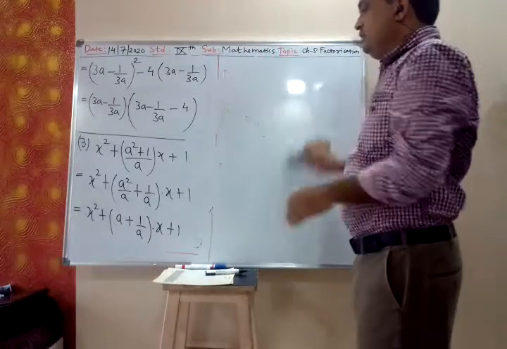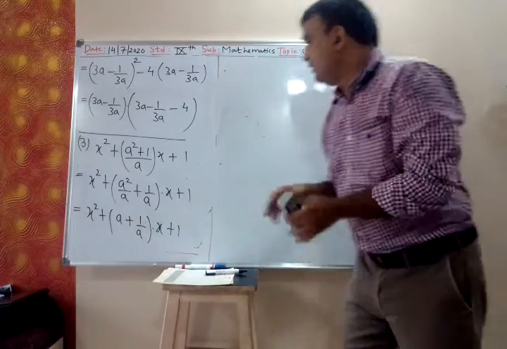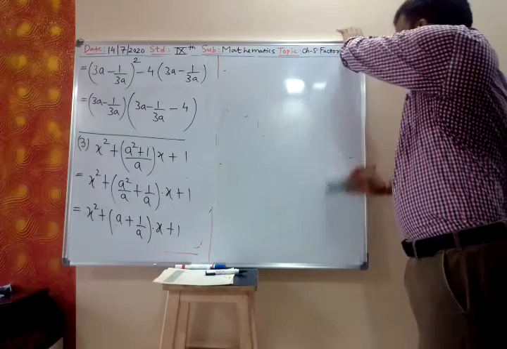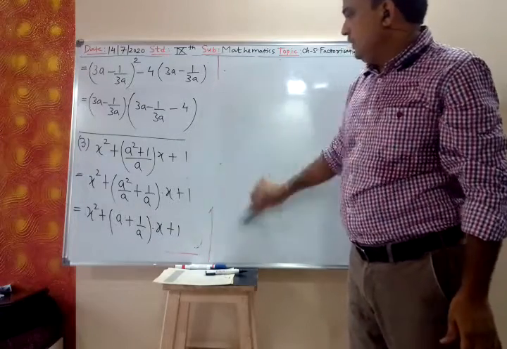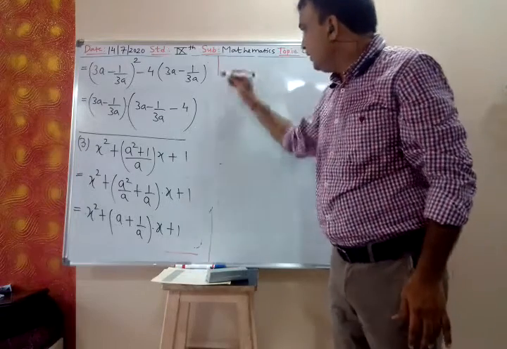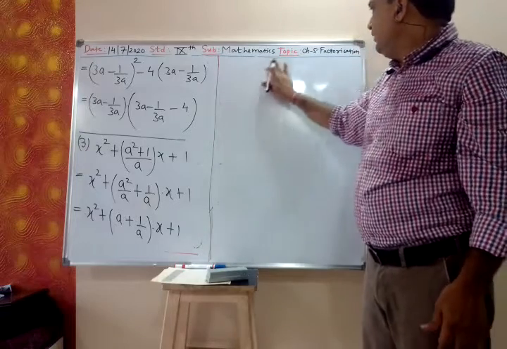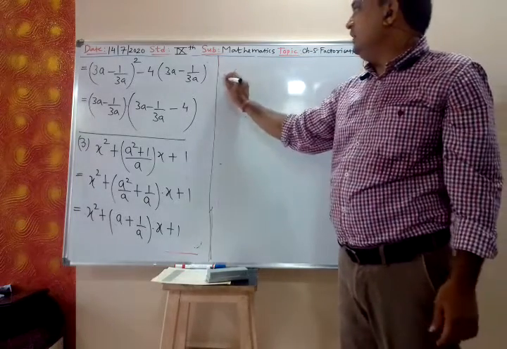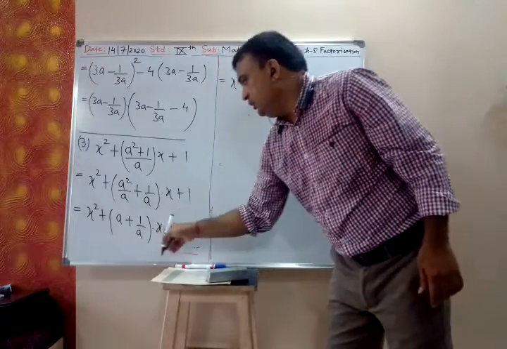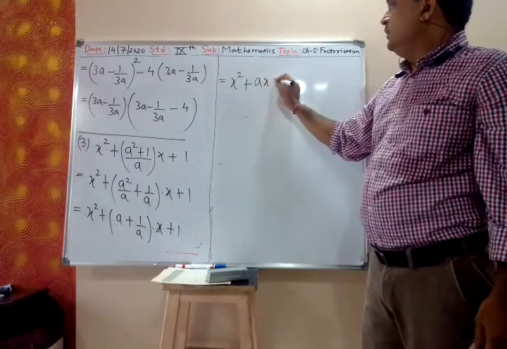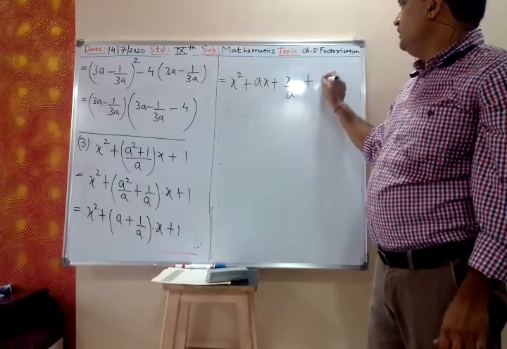Now how can you multiply x square into x? You will multiply x to each term of the bracket. Open the bracket. You cannot add x square and x because they are different powers. So I will write x square plus, opening the bracket, a into x, ax, plus x upon a, plus 1.